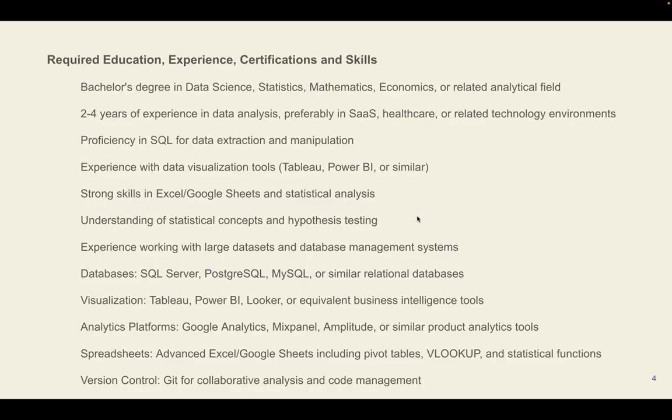Strong skills in Excel/Google Sheets for statistical analysis. Understanding of statistical concepts and hypothesis testing. And SQL Server, PostgreSQL, MySQL, any really relational databases. And then visualization, Tableau. Analytic platforms would be Google Analytics, Mixpanel, Amplitude.